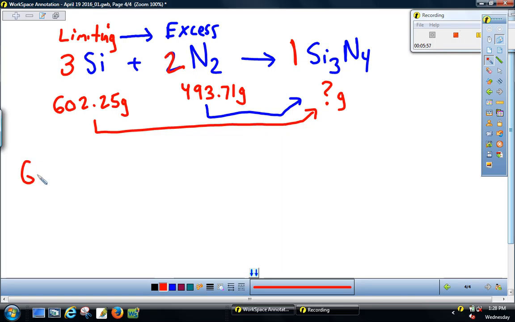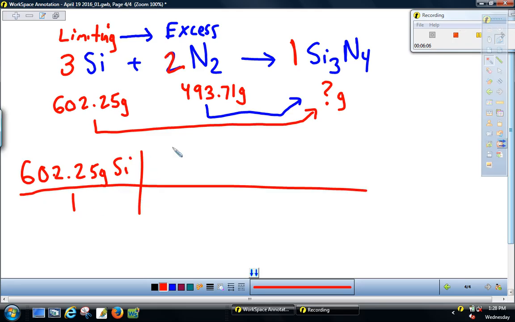So take the amount of the limiting reactant that was used up and put it over top of 1. Then we're going to convert into moles like we always have to do. 1 mole of silicon, as we established before, is 28.09 grams.